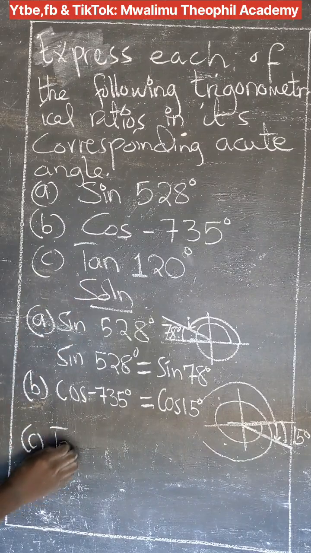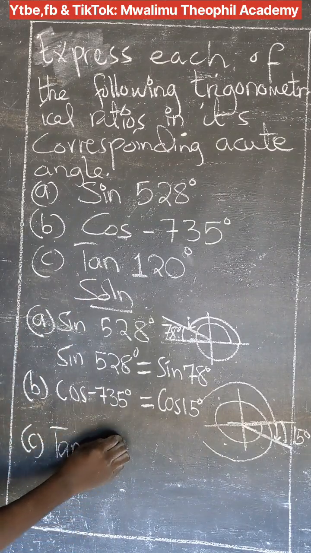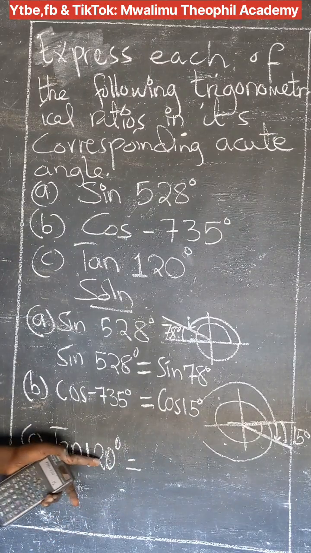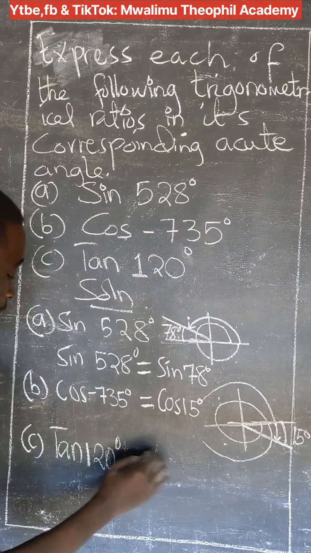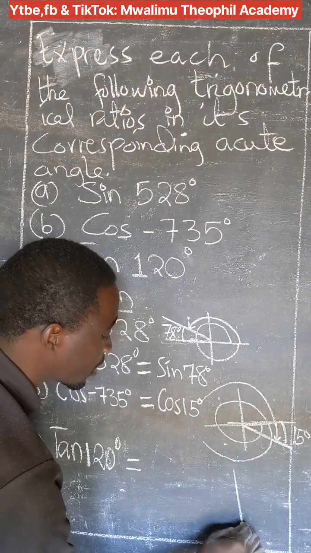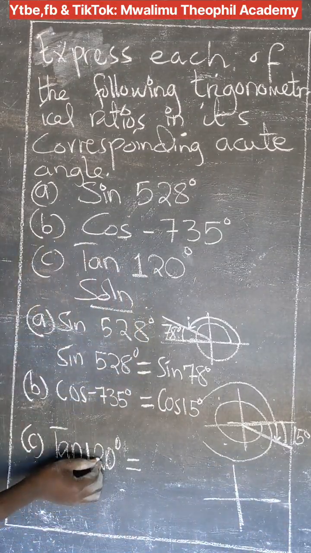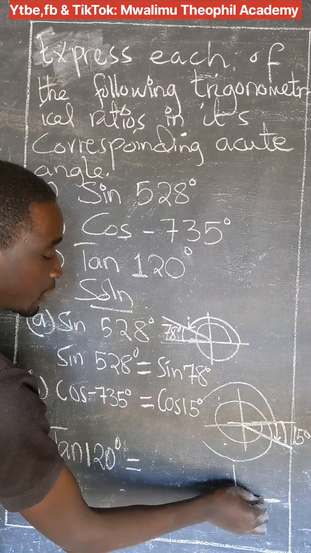Tan of 120 degrees. Now, how many full turns within 120 degrees? There is no complete turn because it is less than 360. Using the rotation approach, it is a positive angle, so we measure it in the anti-clockwise direction, this way.